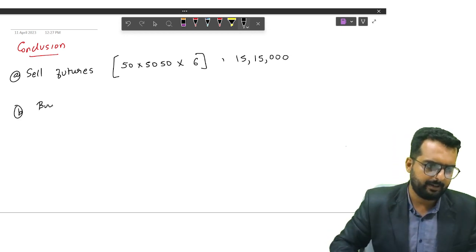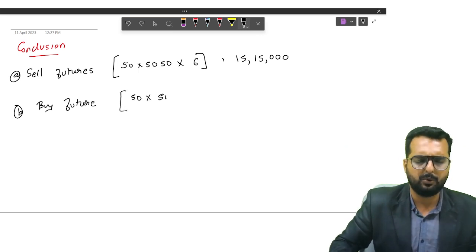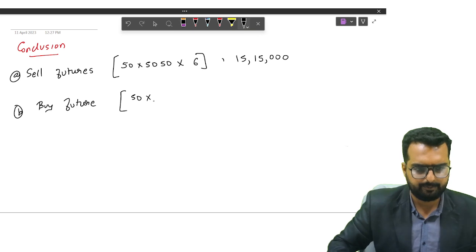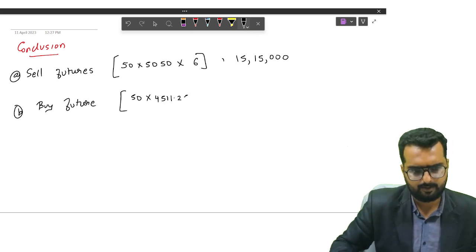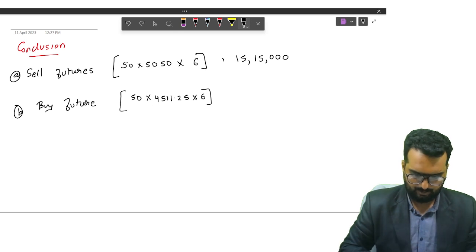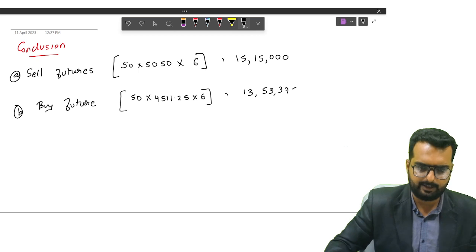Now what am I doing? I am entering into buy futures to cancel. So that will be 50 into, not 5050, now the value is how much? 4511.25 into 6 contracts. Do you get the answer as 13 lakh 53,375?